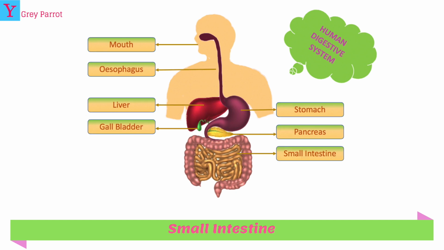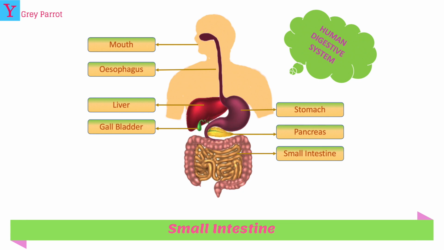Now let me tell you about the small intestine. The small intestine is 6 meters long and 2.5 centimeters in diameter. The first 25 centimeters of the small intestine is the duodenum. The duodenum receives enzymes from the liver and pancreas.